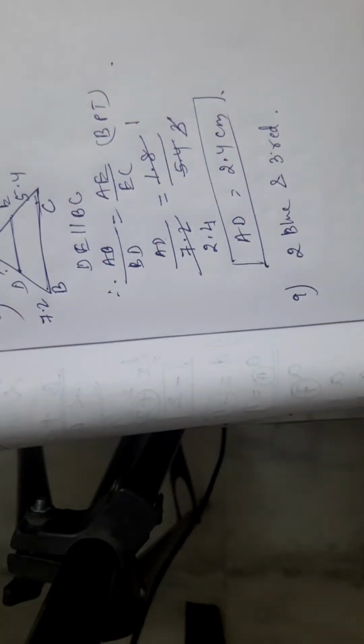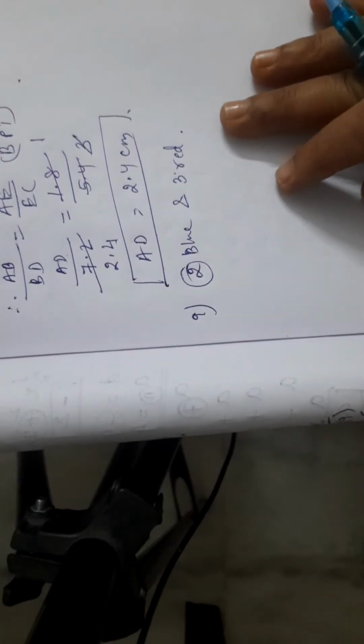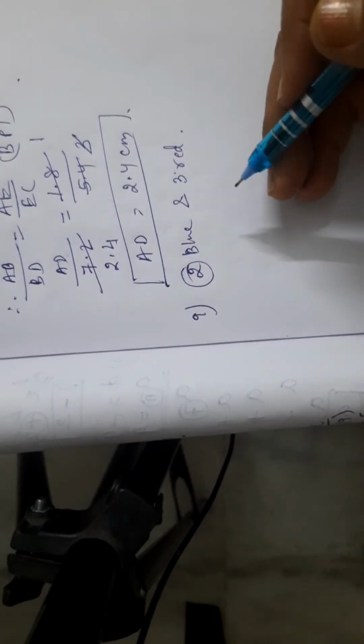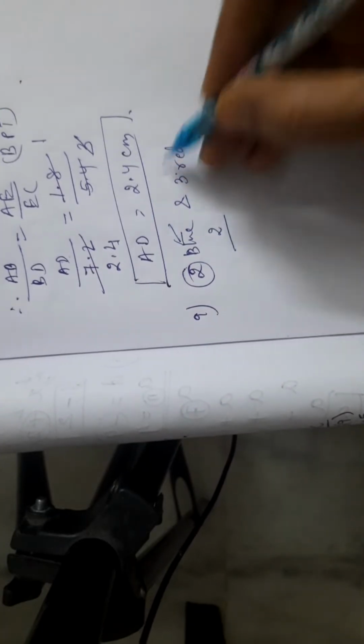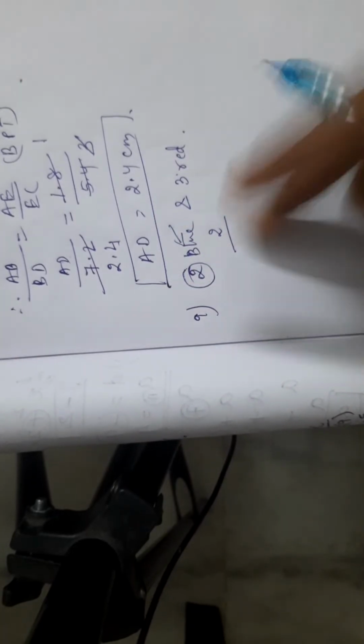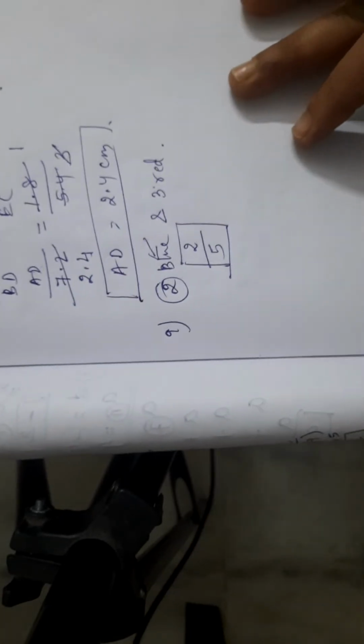What is the probability of getting a blue ball? In probability questions, whenever they ask about probability, the formula is favorable outcomes upon total outcomes. Here they are asking about blue, so blue upon total is to be taken. Total is 3 plus 2. So the answer is 2 upon 5.